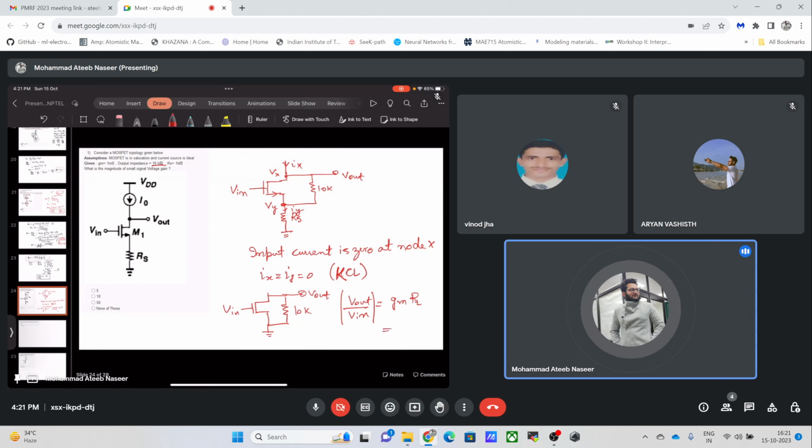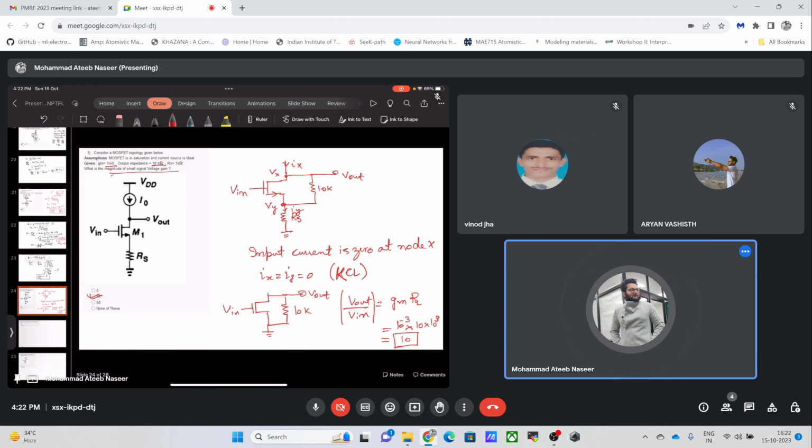Since gm has the value of 1 millisiemens, it is 10 to the power of minus 3, and RL is equal to 10k, which is 10 into 10 to the power of 3, so the gain is equal to 10. The magnitude of the small signal voltage gain is equal to 10.